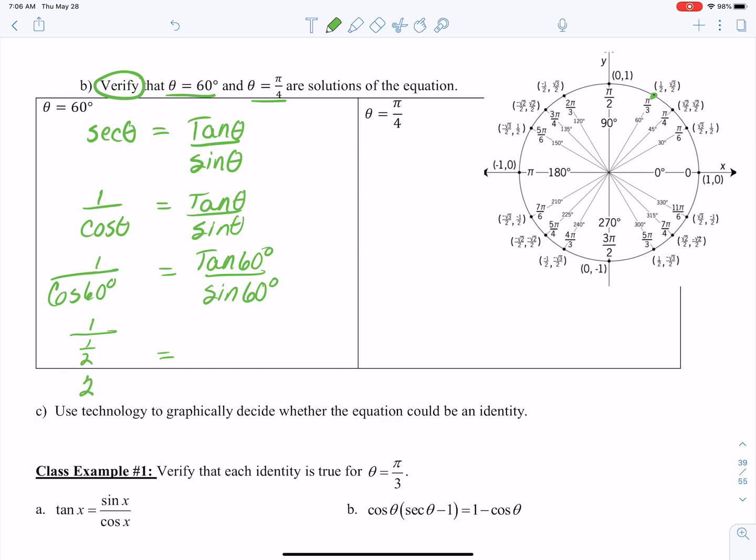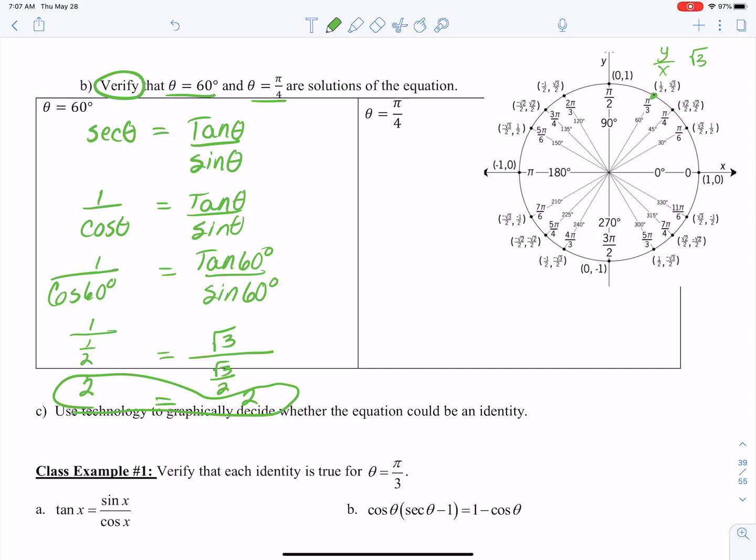Tan of 60 is equal to y over x. So if you simplify that, that is equal to root 3. And sine of 60 is equal to root 3 over 2. And once we simplify all of that, we determine that it is also equal to 2. So I have verified my identity by stating that 2 is equal to 2.